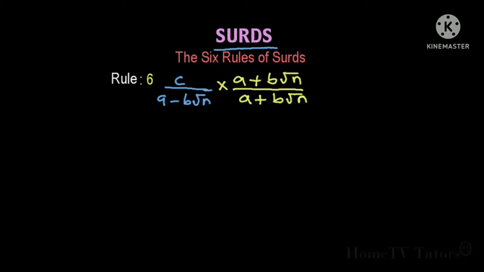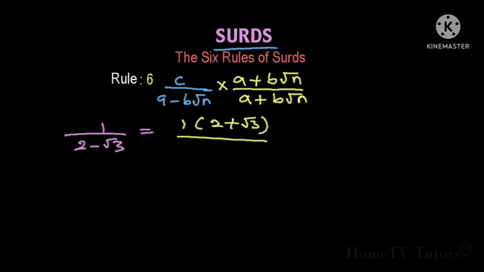So if we were to solve 1 over 2 minus square root 3, okay, we'll multiply both the top, which is 1, by 2, the sign will change to plus, then square root 3. All right, then the bottom, multiply with the same.